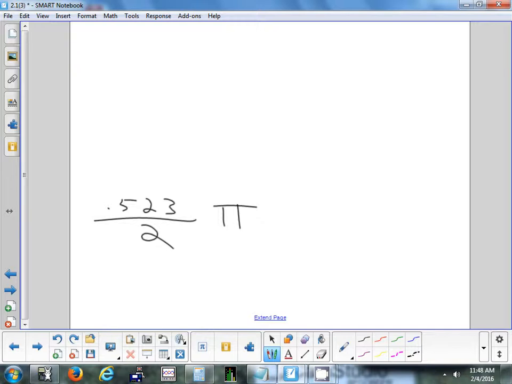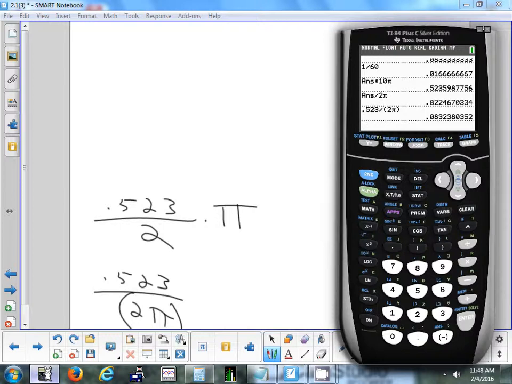You know what I mean? That's not what we wanted, but the way we typed it in, if you type the 2 pi in next to it, it's going to do that. If you want it to do this on your calculator, either type it in the way I did, one step at a time, or put it in parentheses. Did that fix it? Sorry. That should fix it.